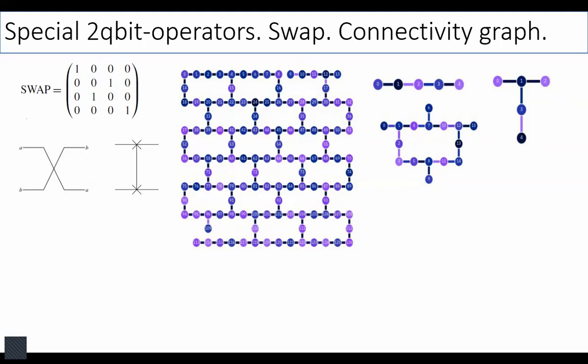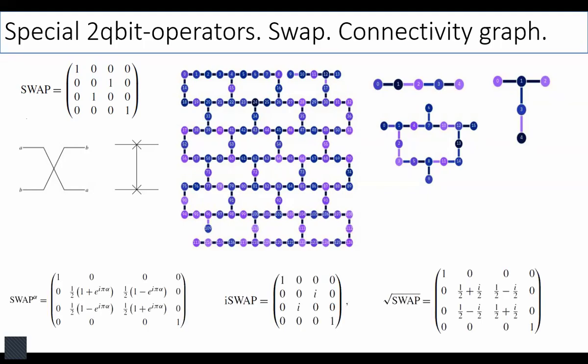Because everybody implements swap, and as I told before, swap is nothing special. Any operator is nothing but you choose a certain potential, write it, and execute it for some time t.